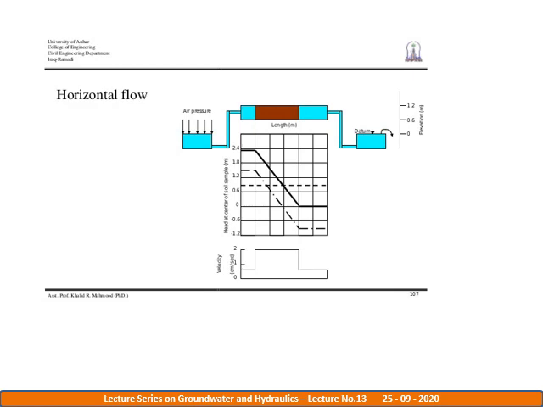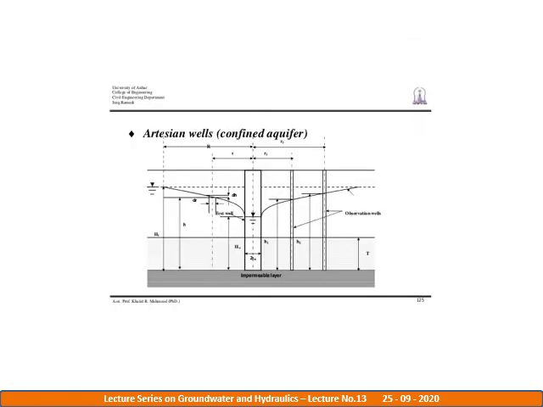For groundwater flow in the x direction in a confined aquifer, you can take it as an example. You can see this in this diagram. I have taken a confined aquifer. This is the ground surface.